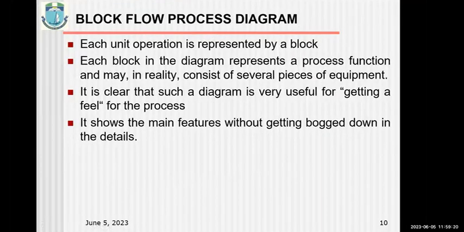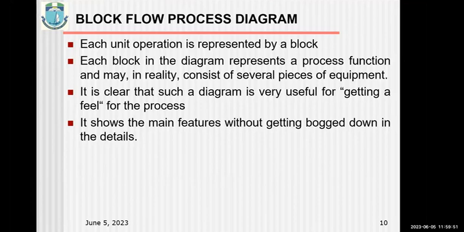So let's look at the block flow process diagram. What is done in this case is that each unit operation is represented by a block or a square or a rectangle. And each of these blocks in the diagram represents what process is taking place within that block.